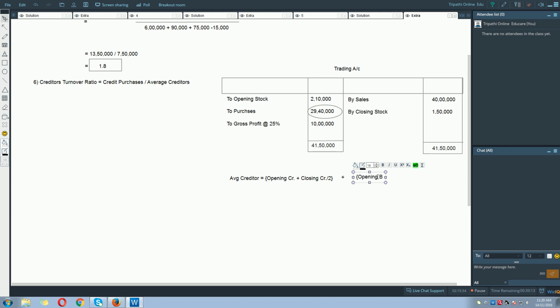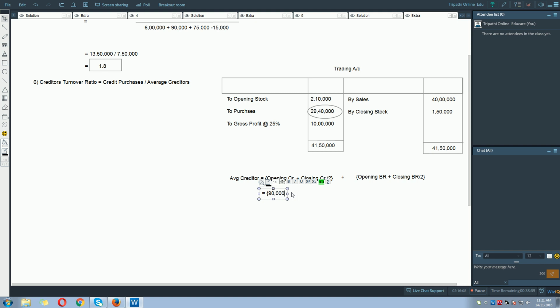To gross profit at the rate of 25%, 10 lakhs. So as purchase is our balancing figure, we will have to circle it, right? So we came to know our credit purchase. Now here we will have to assume that all the purchases are on credit basis.